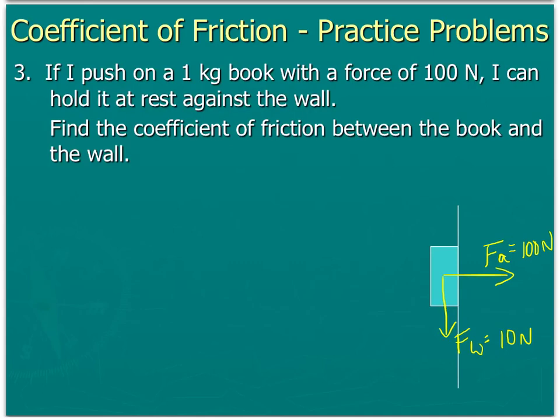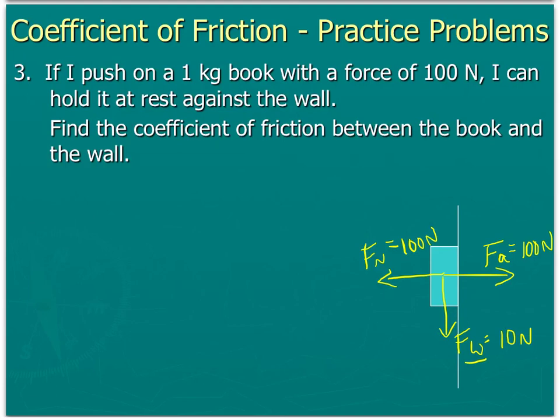And so this time our normal force isn't going to be opposing our FW, but it is perpendicular to the contact surface. And that tells me that my normal force is going to be acting, in this case for the drawing, towards the left. Because that book is at rest, I know that it's going to be equal and opposite to my applied force, so Fn is equal to 100 newtons.